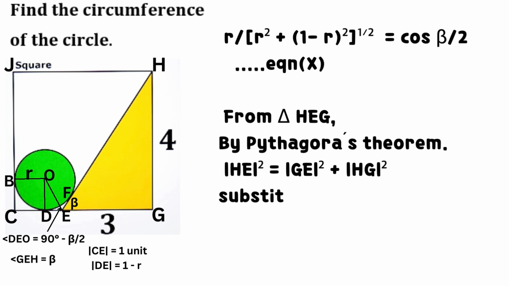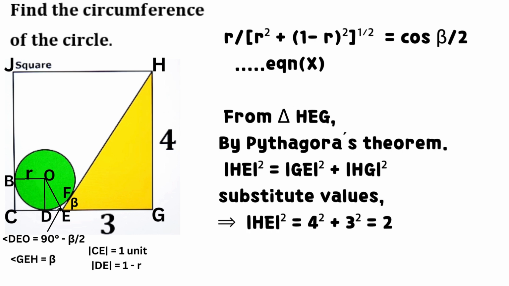From triangle HEG, by Pythagoras' theorem, the square of HE equals the sum of the square of GE and the square of HG. Substitute values. We have that the square of HE equals the sum of the square of 4 and the square of 3, which equals 25.